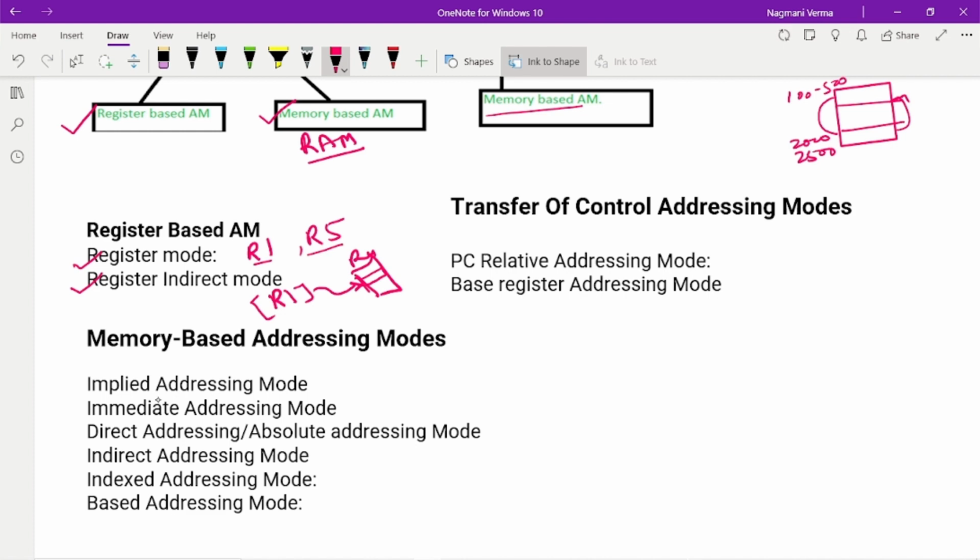Now let's talk about the memory based addressing modes. So the first one is the implied addressing mode. Here, some instructions are such that an operand is not required. So the CPU by default understands which operation on which data it has to perform. For example, we have to set the carry.